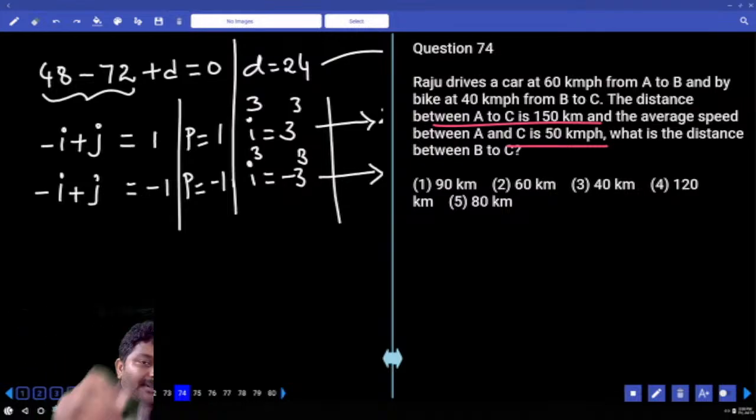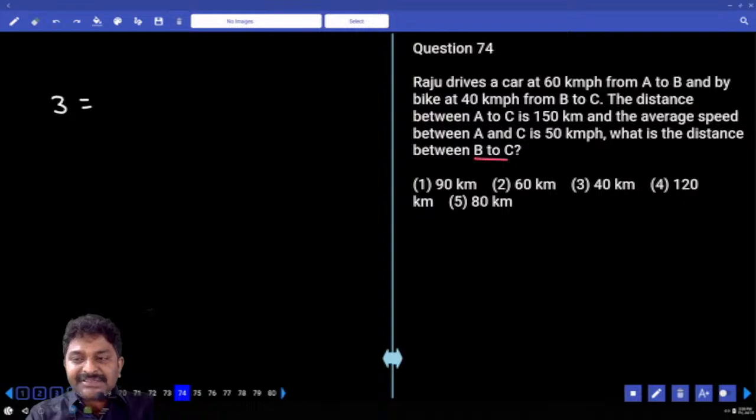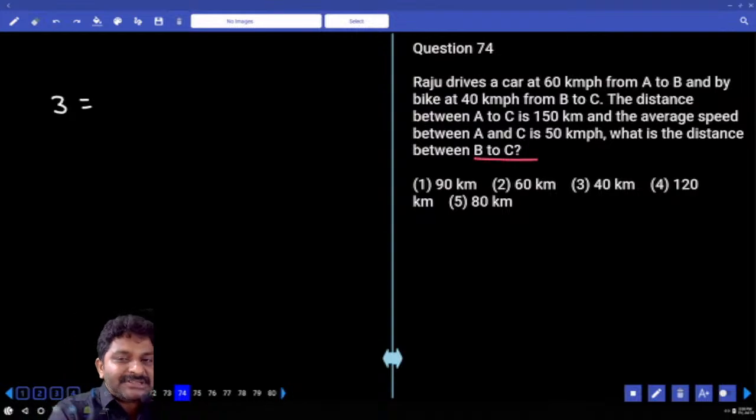Then what is the time taken to reach from A to C? 150 by 50, which is 3 hours. Now the question is to identify distance from B to C. I will take it as X. What is total distance? 150. Then from A to B distance is 150 minus X only.